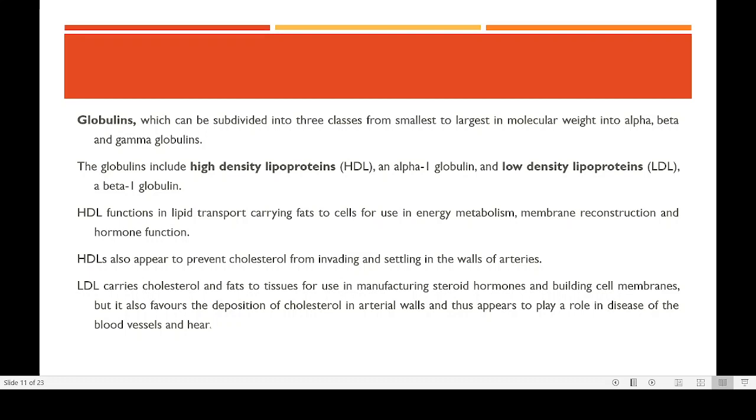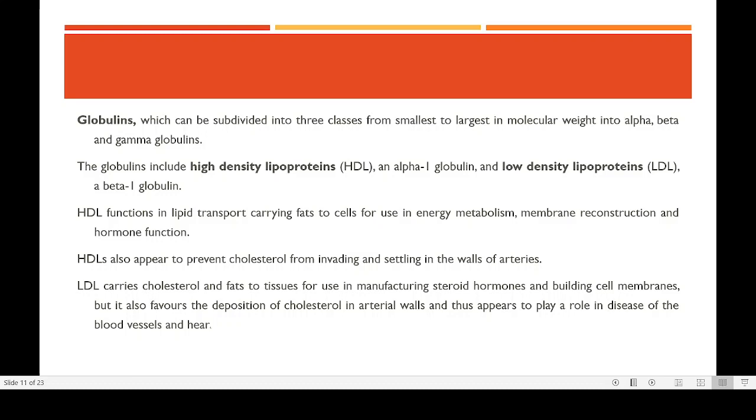That will result in a block in the heart, a block in a major artery, finally resulting in a heart attack. So HDL in that place is preventing that deposition of cholesterol on the wall of the artery.